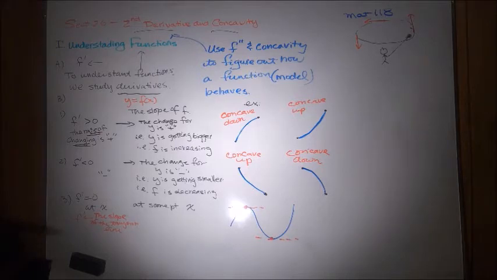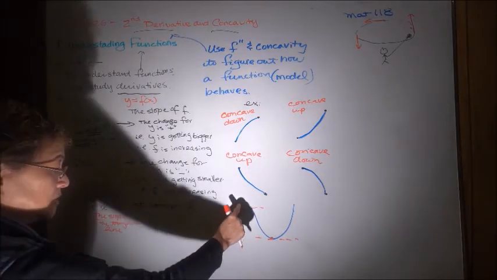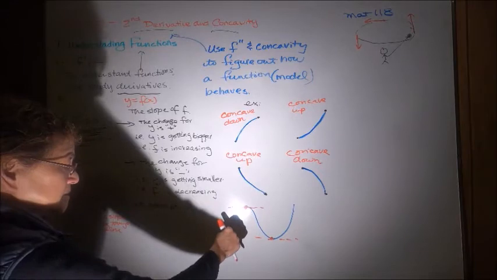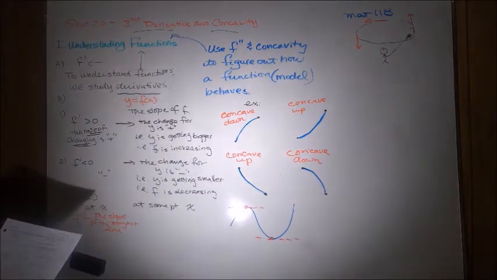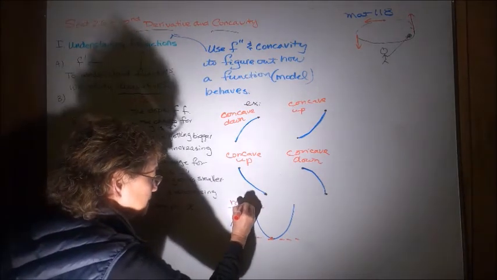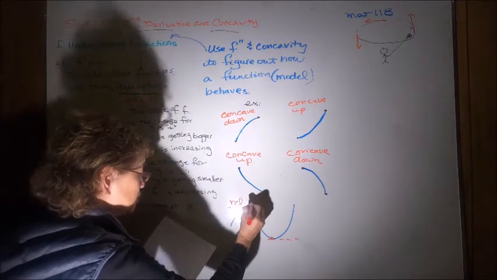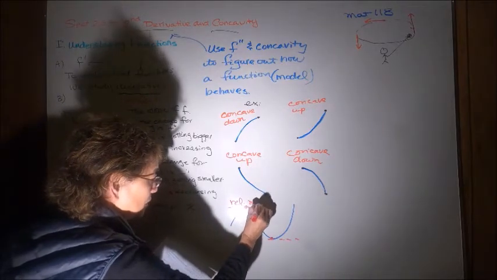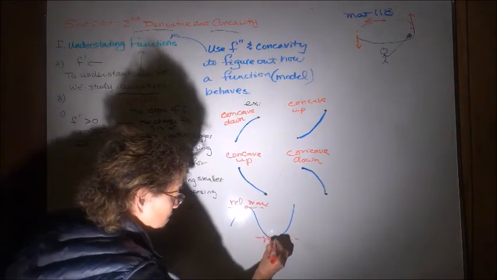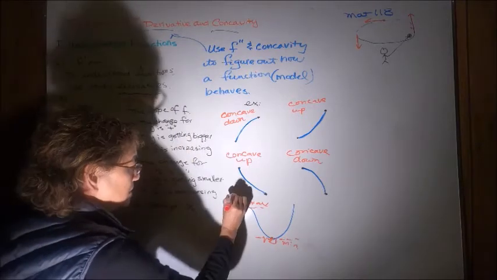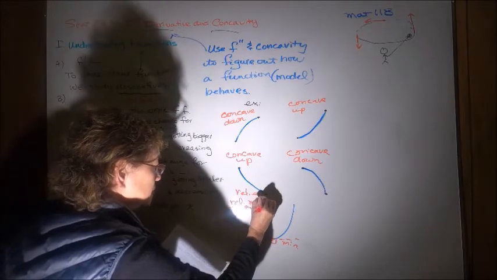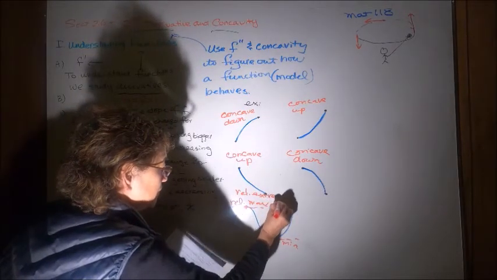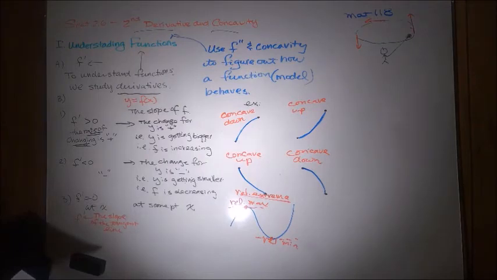If your function model fluctuates like this, then at this point in time, you have what? Relative extrema, we call it. This would be relative maxima. This would be relative minima. So we call them relative extrema, right? You have this situation. Okay, that's one situation.